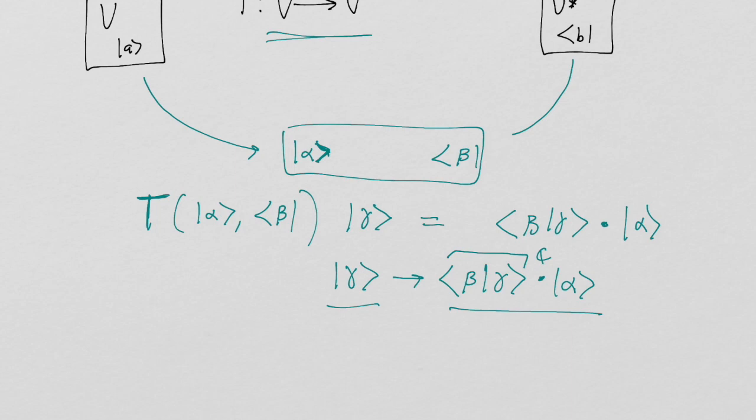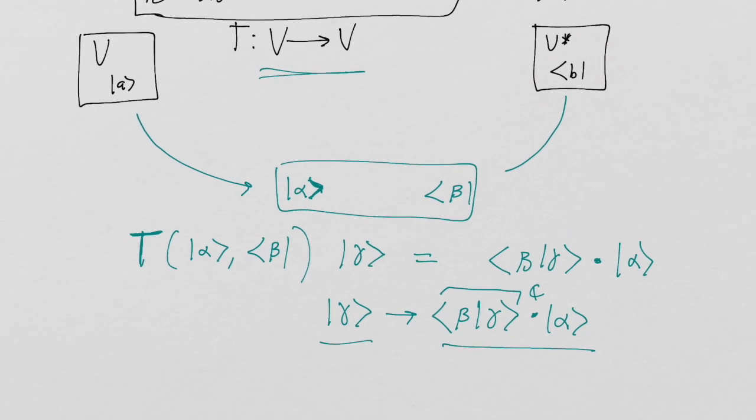So with any given bra and ket, I can produce a map from vectors to vectors using this prescription. I take the bra, I take the vector I want to transform, I calculate its inner product with the bra that I happen to draw out of the dual space, and then I multiply that by the ket that I happen to draw out of the vector space.